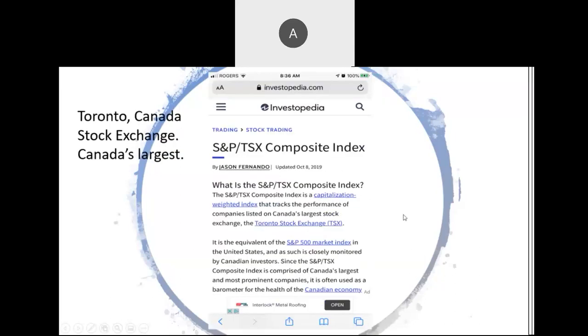Certainly much bigger than Canada. Canada's economy and market capitalization as a nation represents less than 2% of economic growth on the face of the earth. The US represents 50 to 55% of economic growth on the face of the earth. Who knows what the second largest economy is on the face of the earth right now?